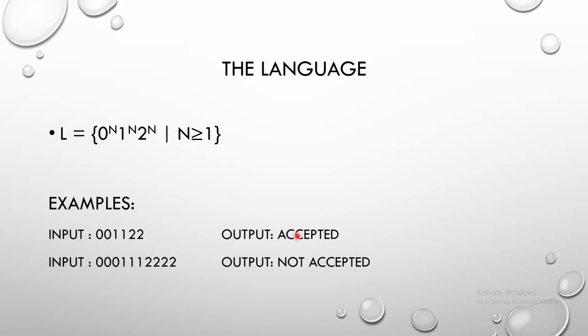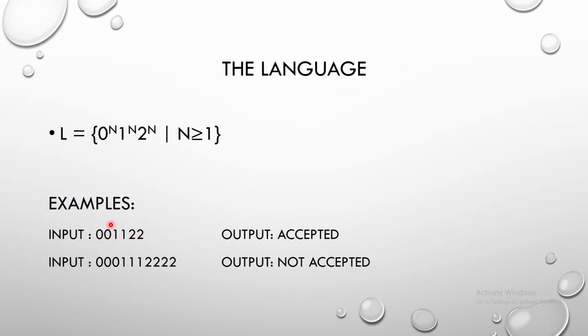Now in this video we are going to construct a Turing machine for the language 0^n 1^n 2^n, where n is greater than 1. An example string accepted by this language is 001122.